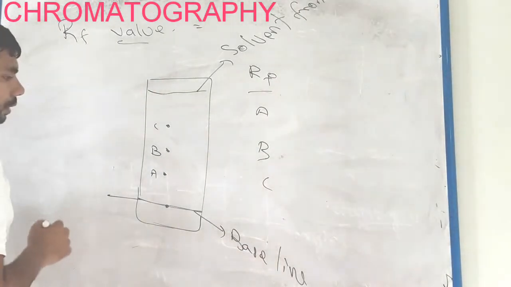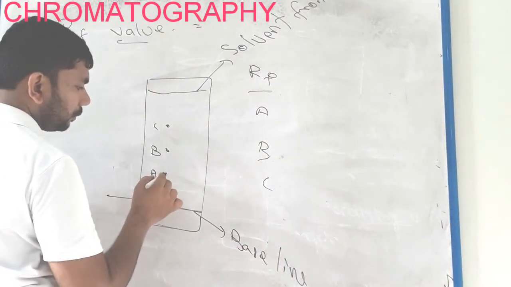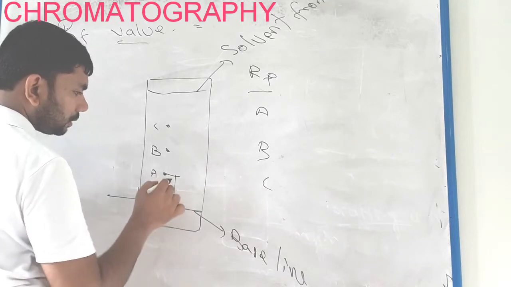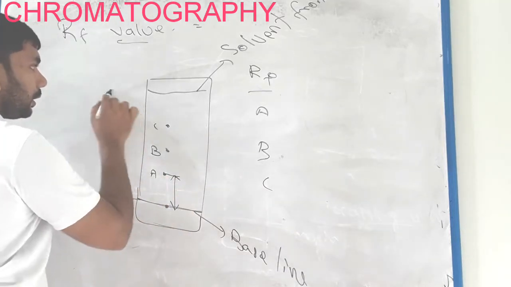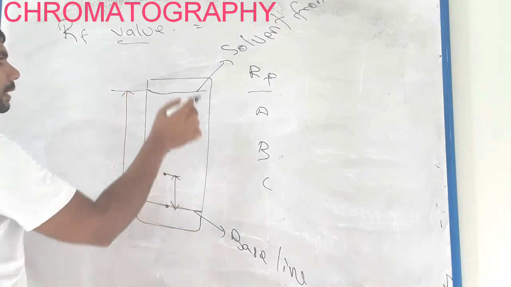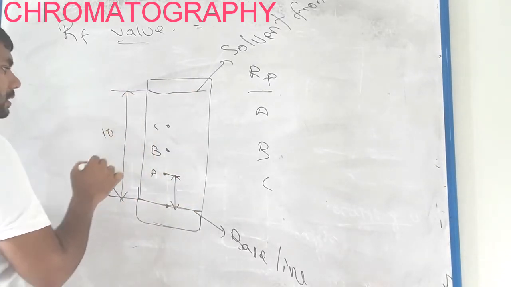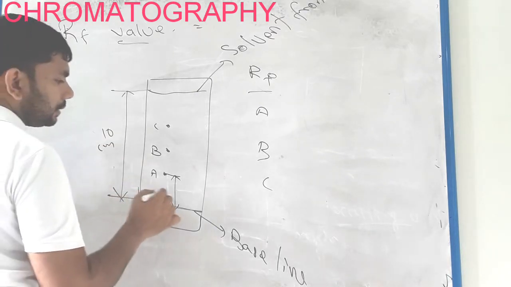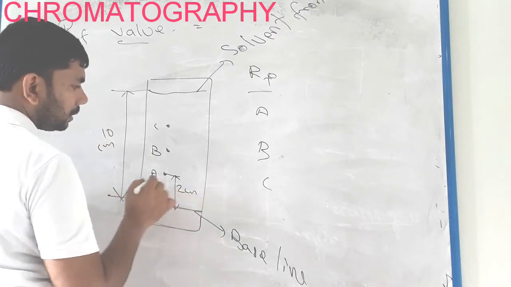You want to find the Rf value for this spot. So you have to find the distance between the baseline and the solvent front. Imagine this is 10 centimeter and this is 2 centimeter.